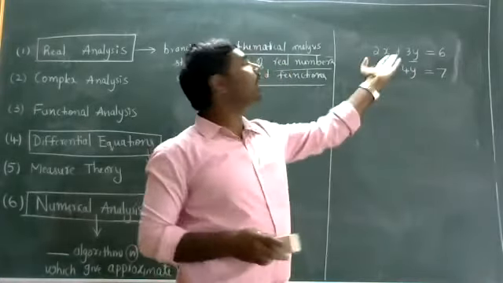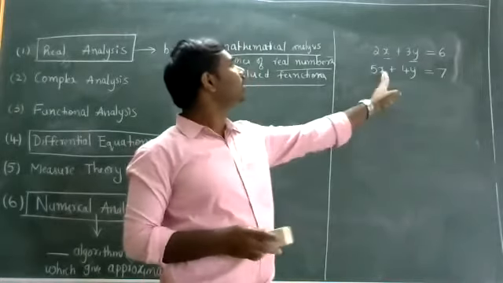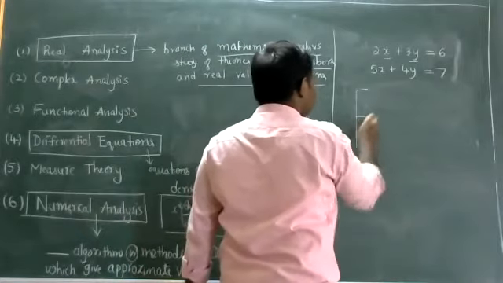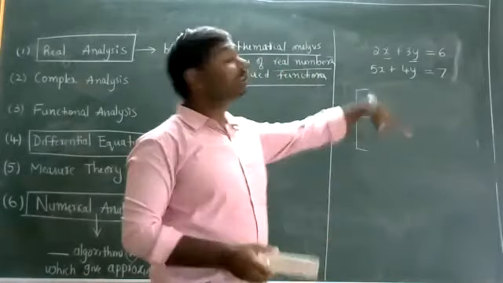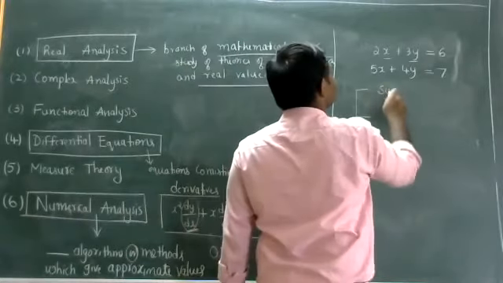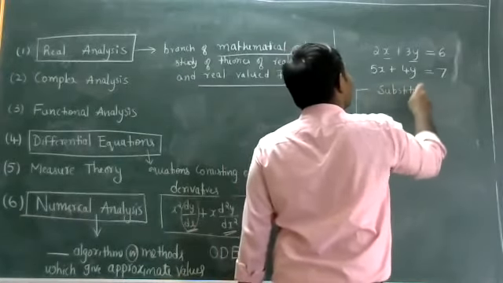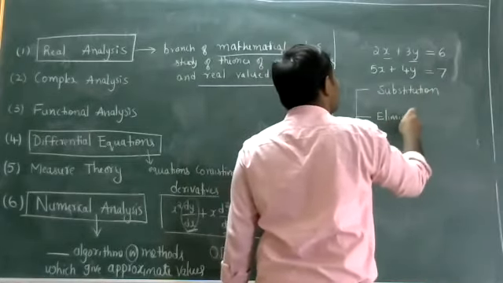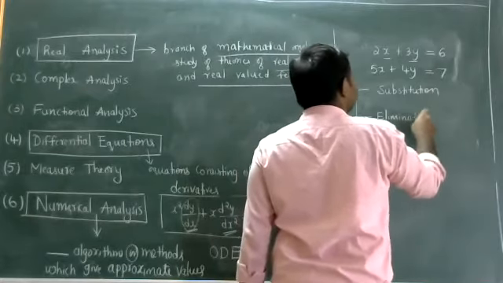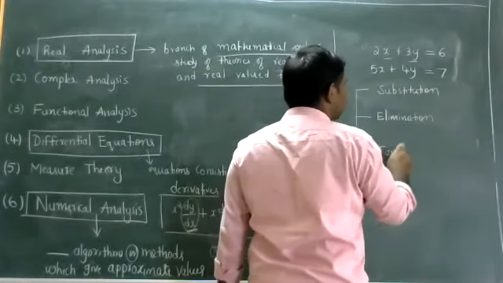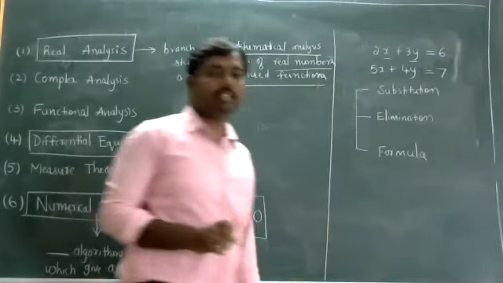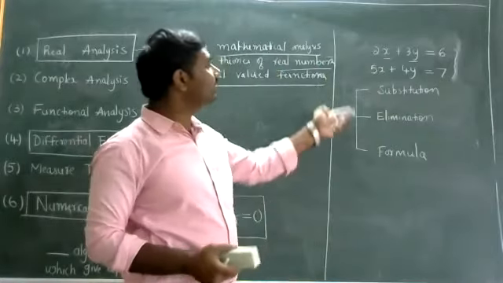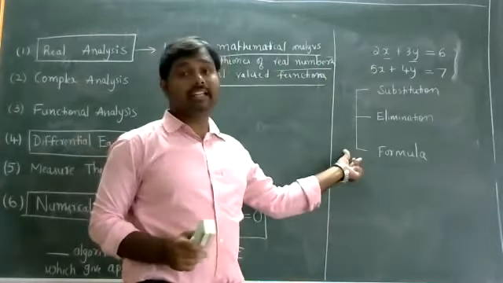And substituting back the value of that variable, we get the value of the other variable. So to solve this system of linear equations, we have these three analytical methods.